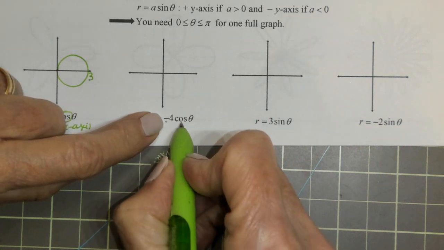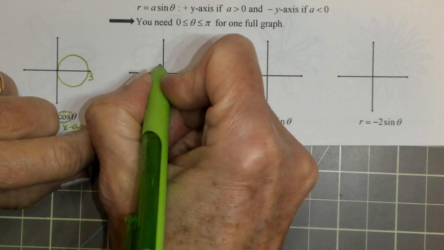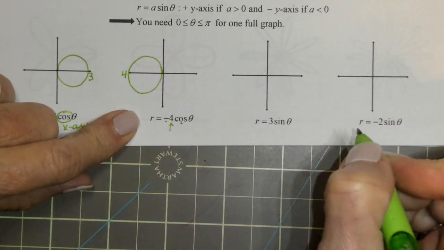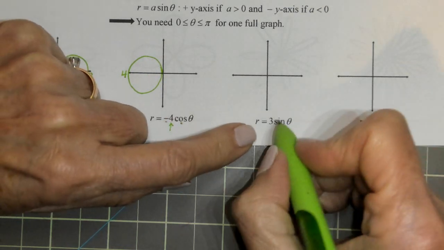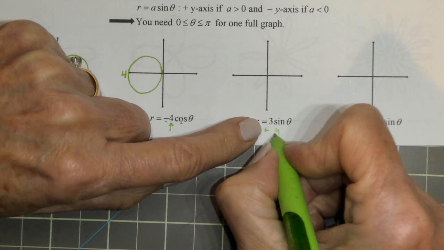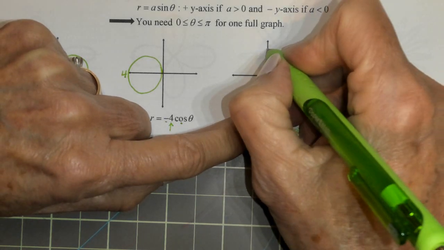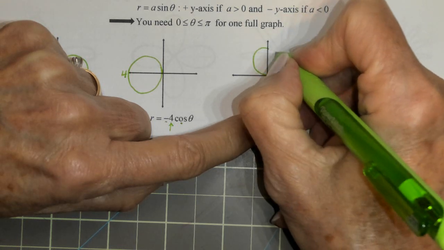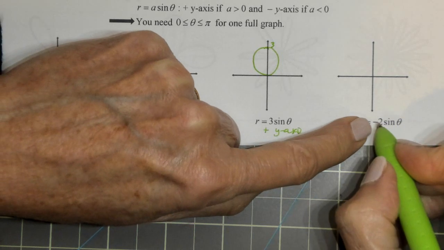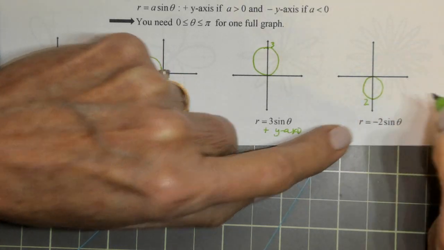Negative x-axis, diameter 4. Positive y-axis, so positive y-axis for sine, diameter 3. And negative y-axis, diameter 2. That's how we graph those.